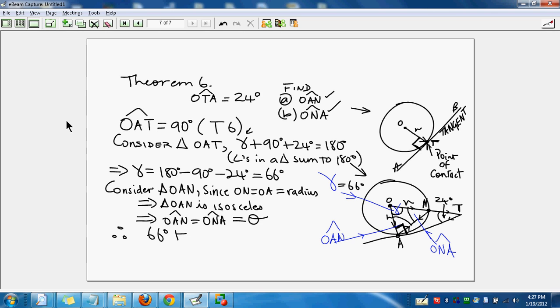So we're going to add up theta plus theta, and these three must add up to 180 degrees. Let me put in blue what we are calling theta. We are calling angle OAN theta, so here is theta, and we're calling angle ONA theta as well. So there's theta as well. That's why alpha plus those two angles must equal 180 degrees.